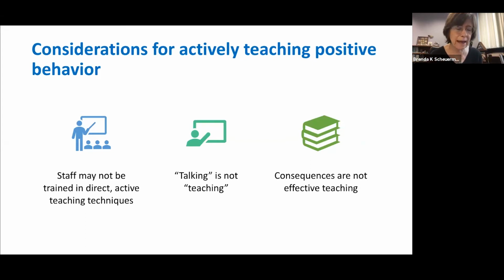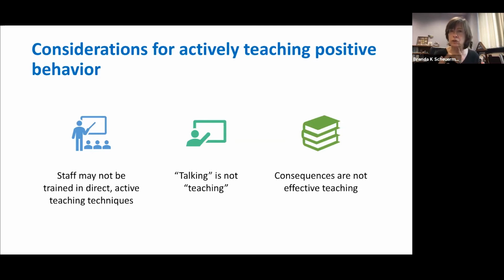I always use the analogy, if someone talked to me about speaking Italian, I would be strongly motivated to speak Italian. I'd really want to do that. I'd want to be able to do that all the time, but I don't know how to speak Italian, so I can't do that.